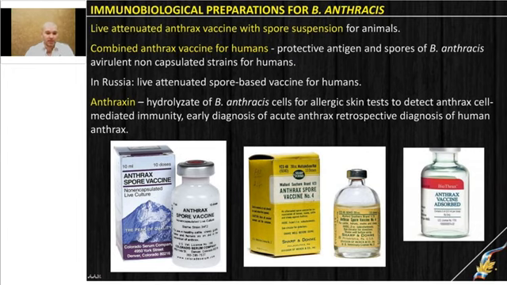So we have, of course, an extremely high number of different vaccines for animals. Mainly those vaccines are based on spores, but animals should be vaccinated in endemic areas where some cases are registered or were registered. We have a limited number of vaccines for humans. Usually they contain spores of Bacillus anthracis and protective antigen.